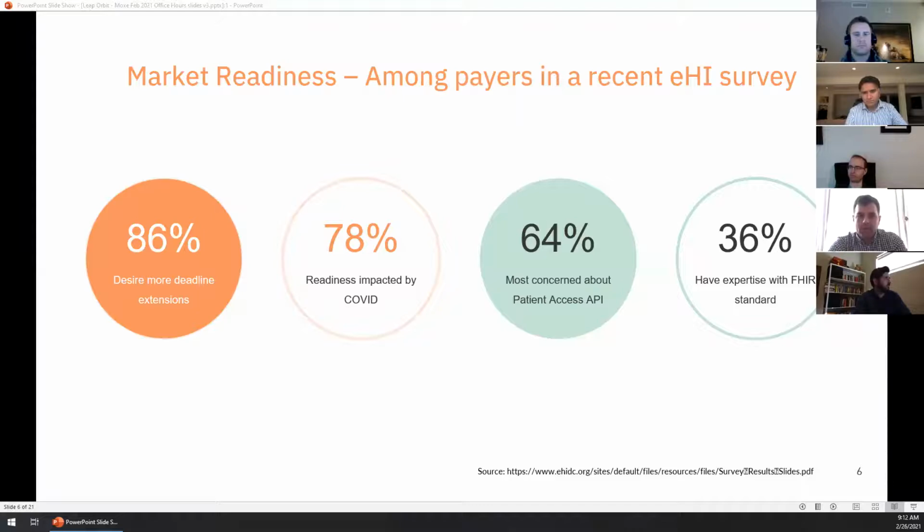And 2/3 of folks are most concerned about the patient access requirements. Very clearly, these are the most complex requirements in the rule. The privacy and security implications are great. And because this is mandated to be done with FHIR standards, and this type of interoperability is new for a lot of plans, this is a really big undertaking.